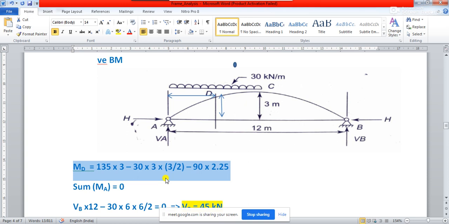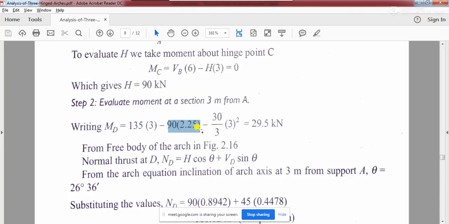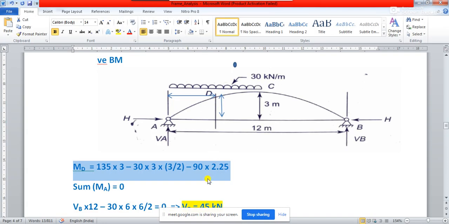It will not be 3, it is written wrong over there, okay. So it is not correct. Here it is written 30 into 3 square by 3. It will not be 3, it will be 2, okay. Is it clear? So if you do the calculation, then you are going to get the value of MD. So what is the value of MD you are getting?